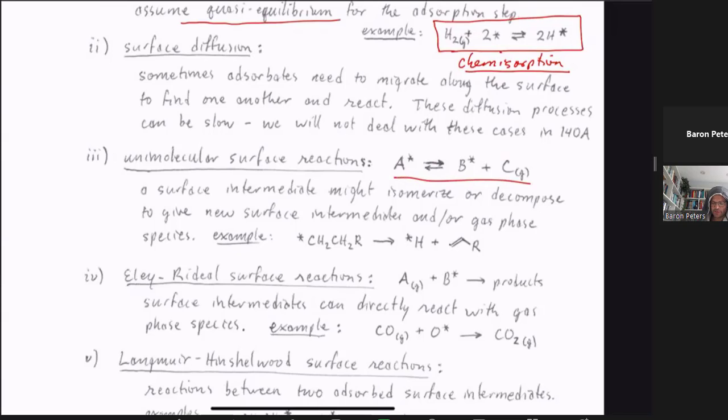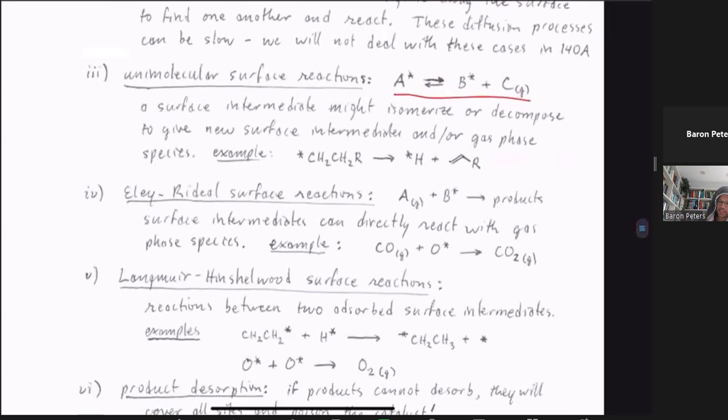And a real-life example would be this alkyl fragment reacting to do something like a beta hydrogen elimination to give you an H on the surface and an olefin. Okay, so this is something that's common in a lot of polymerization reactions. This would be like a termination step for one of those. Okay, so the polymer comes off like this, and now you have a new chain ready to grow right here.